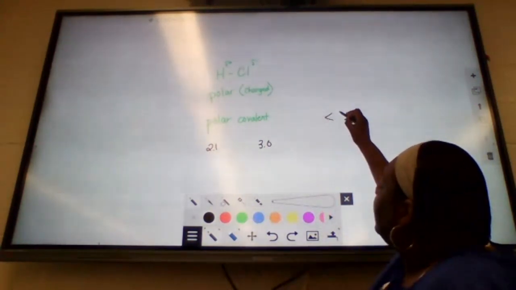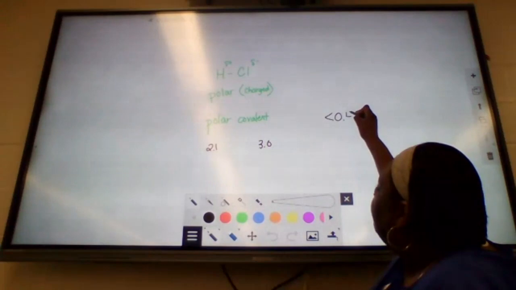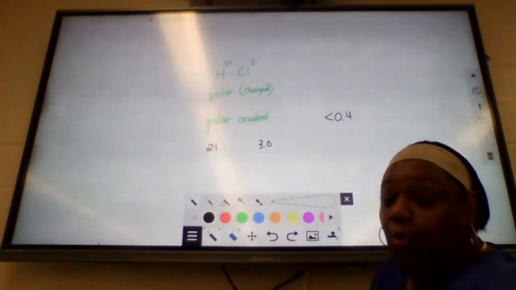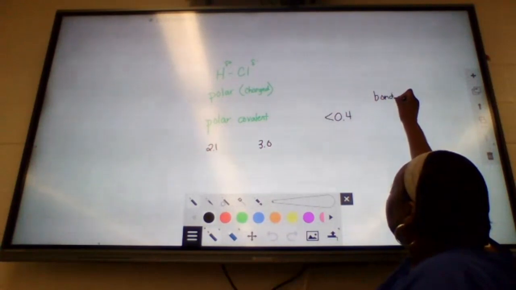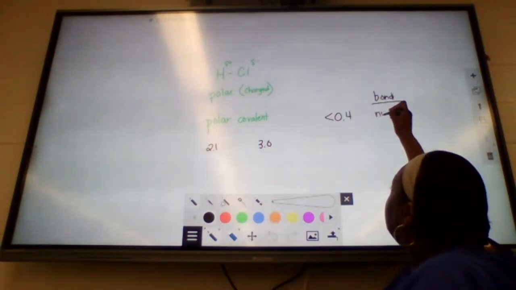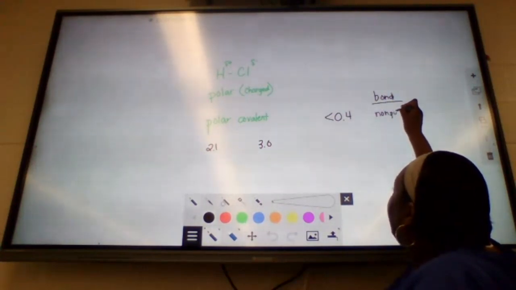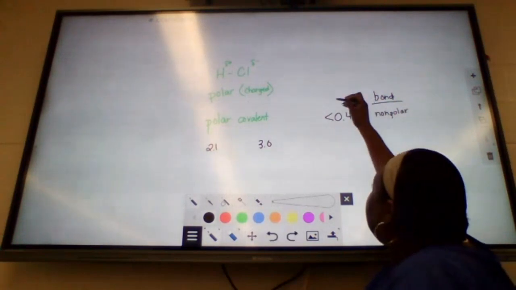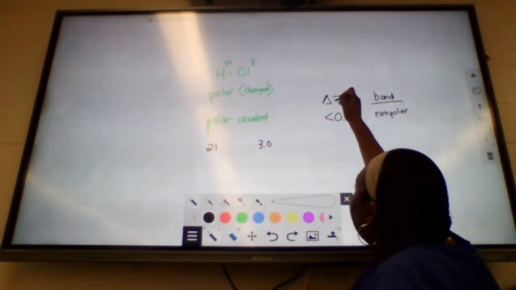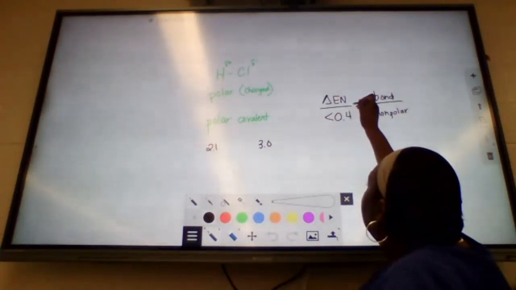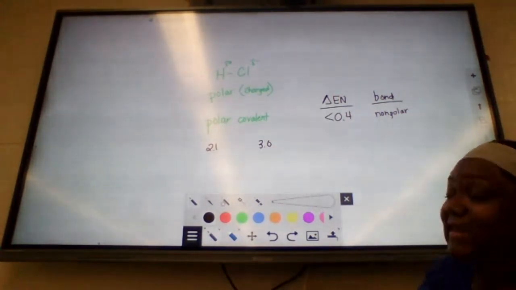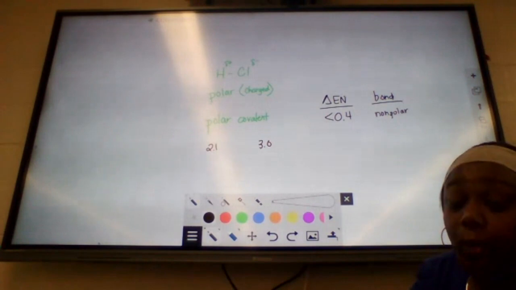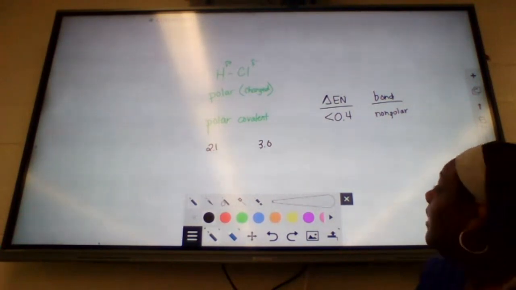Now, if your value is less than 0.4, then we say that your bond type is going to be nonpolar. If that electronegativity difference is less than 0.4, then we say that's nonpolar or pure covalent.